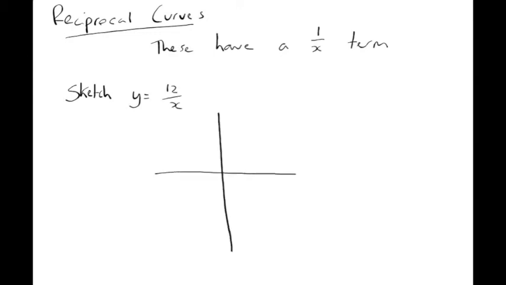When x equals 3, y is 4. 4 gives 3, 6 gives 2, and 12 gives 1. So it forms this nice shape here. For the negative ones, it's exactly the same, just negative. Now you run into a problem at 0 because you can't divide a number by 0. So it doesn't have an answer there, it's disconnected.